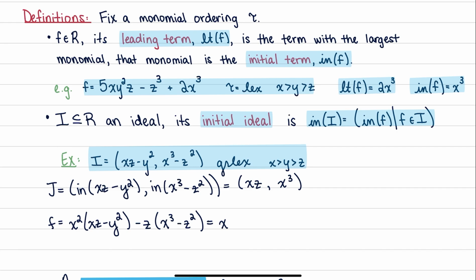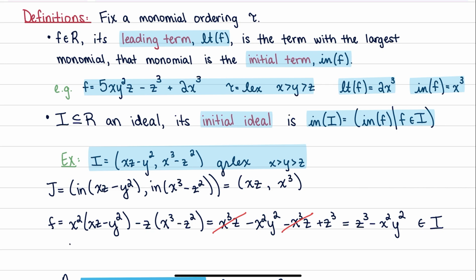I get x cubed z minus x squared y squared minus x cubed z plus z cubed. And we have x cubed z minus x cubed z cancel, and we're left with z cubed minus x squared y squared. So this is f. I obtained f by taking an R linear combination of the generators of I. So this f is definitely in I.